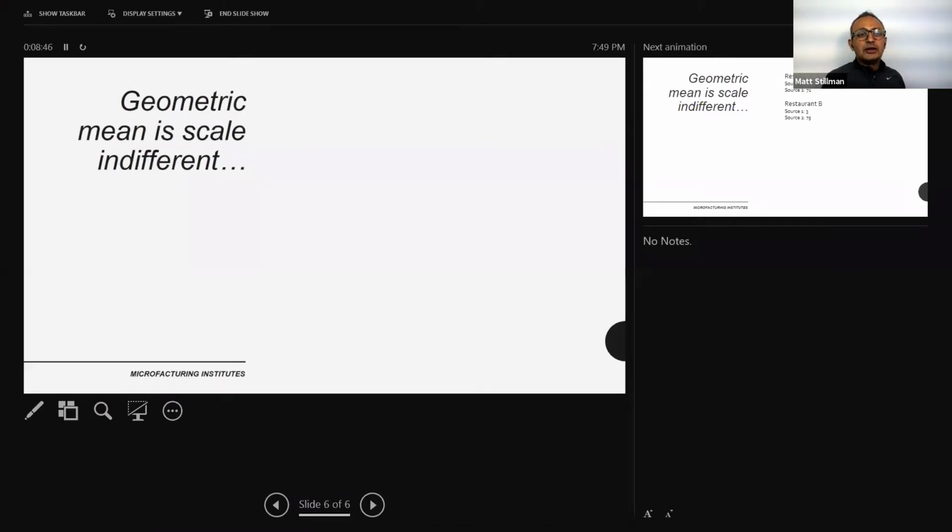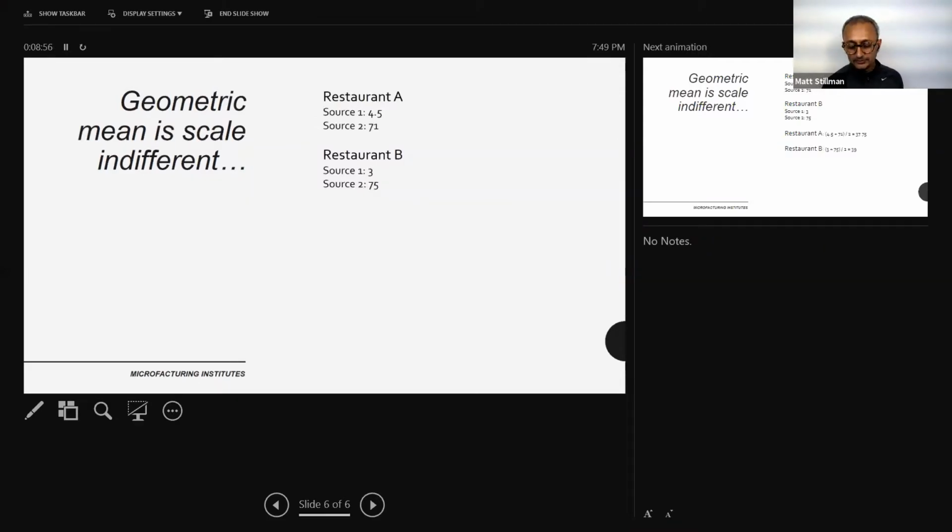So where else can you apply it? Geometric mean is very handy when you're comparing, say, scores. Let's say you have a restaurant A and restaurant B, right? And you have 2 different avenues, where say there is a site called Yelp, which is using a different scoring mechanism, say 1 star to 5 stars, and there is another site called, say, Google, and let's say they are scoring it based on 1 to 100.